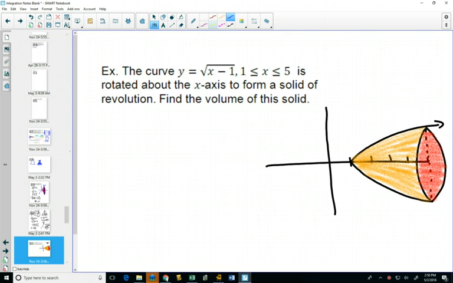We need to find the integral between 1 and 5, pi, our function, square root of x minus 1 squared, dx. What's nice about squaring that square root? It just goes away.